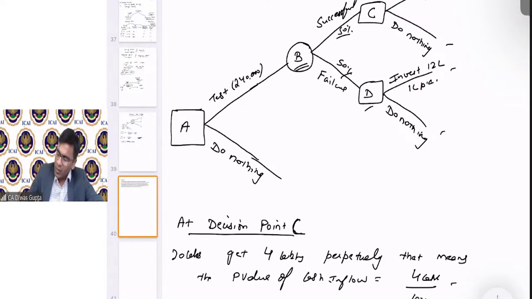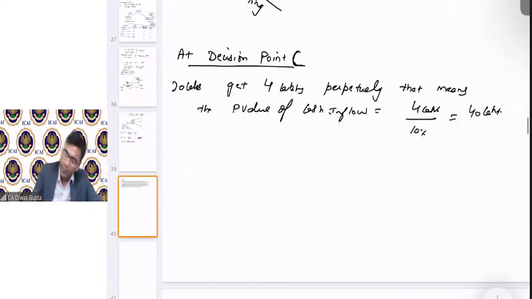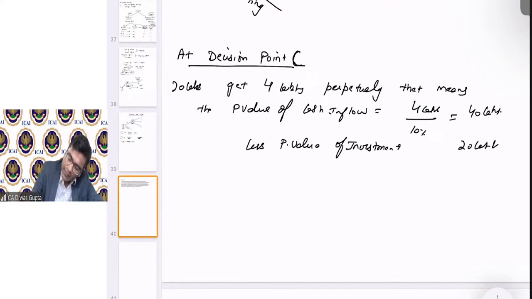Correct? 10% is the discount rate. So if I'm getting 4 lakhs perpetually, I divide by 10% to arrive at the present value of cash inflows, that will be 40 lakhs. Less present value of investment, which is the cash outflow, which is 20 lakhs. Net I'm getting 20 lakhs.